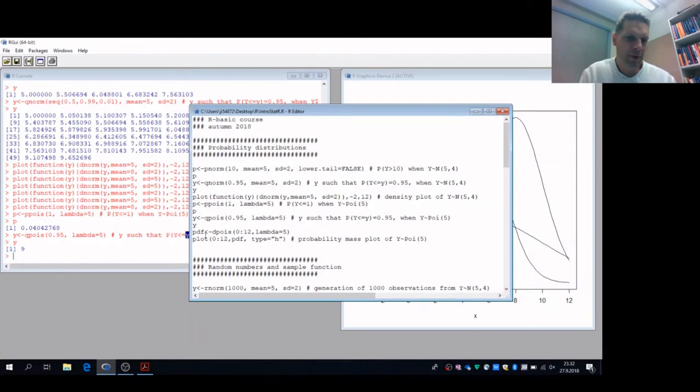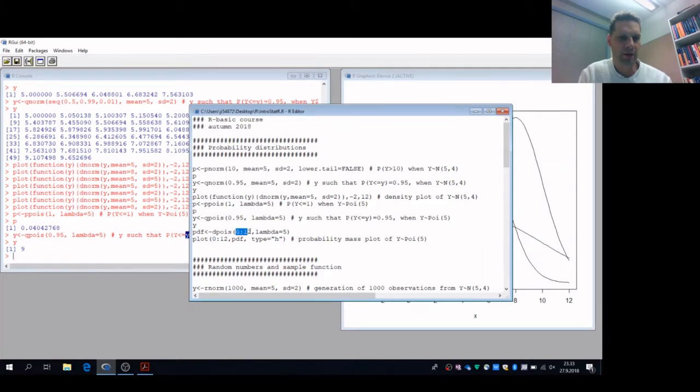And if you want to plot this sort of a discrete probability distribution, then I guess the best way is just to calculate the density, that is the probability mass function values, for the different values which this density function can have.